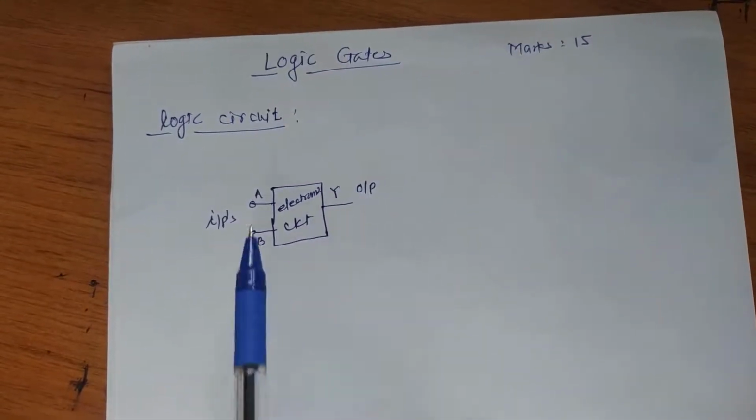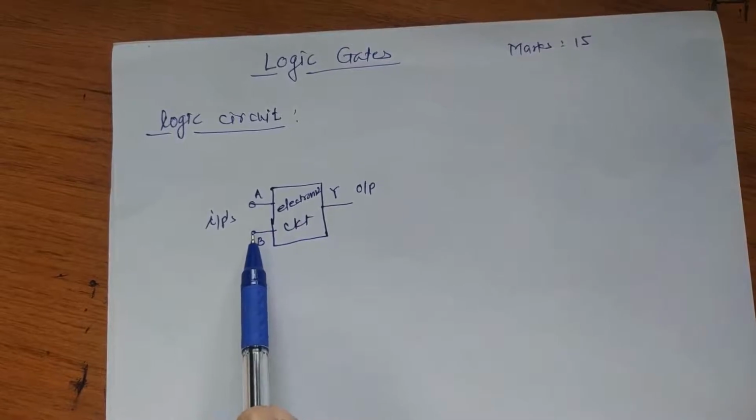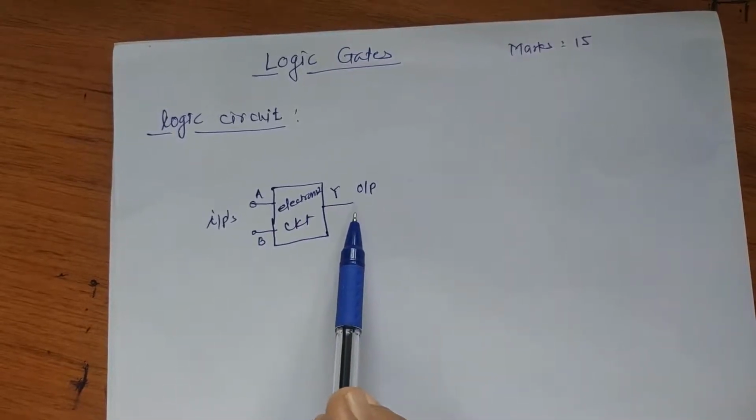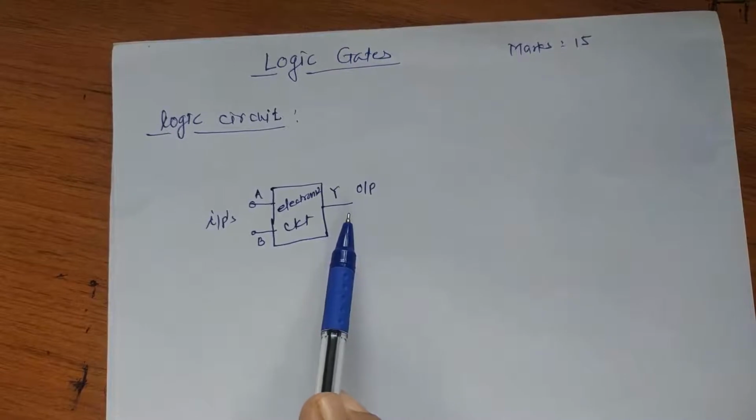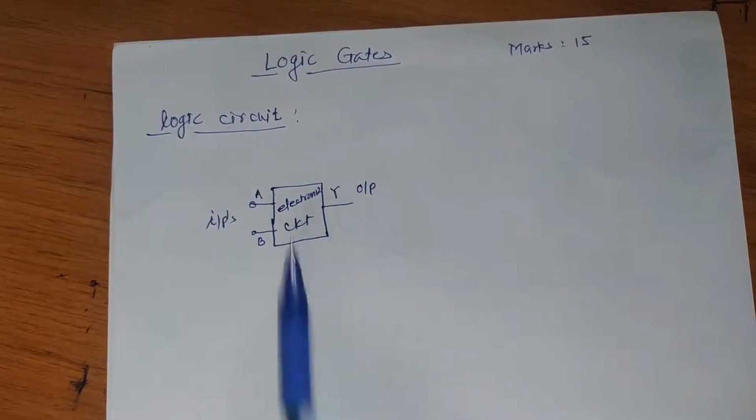A circuit whose input and output signals are two states, either low or high voltage.